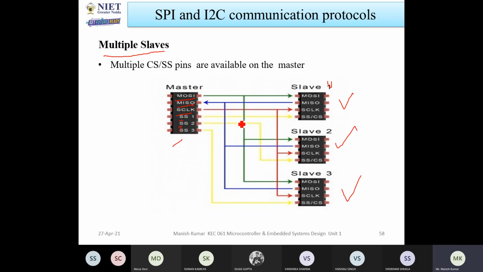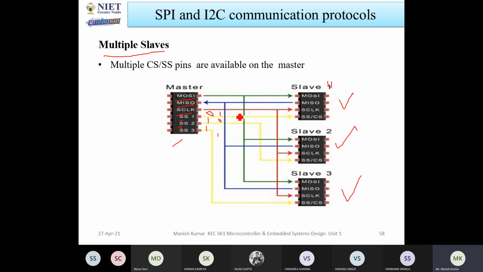If you want to connect slave devices, let us consider I want to use slave 1. Then I will provide 0 on SS1, and the rest are 1. If you want to use slave 2, you provide 1, 0, and 1.